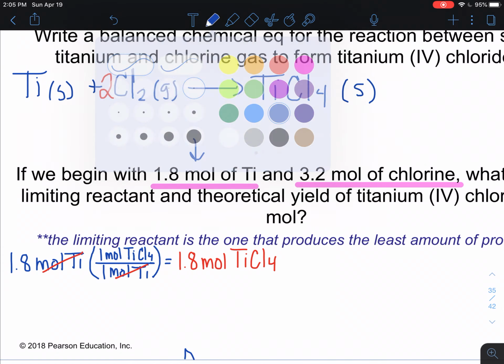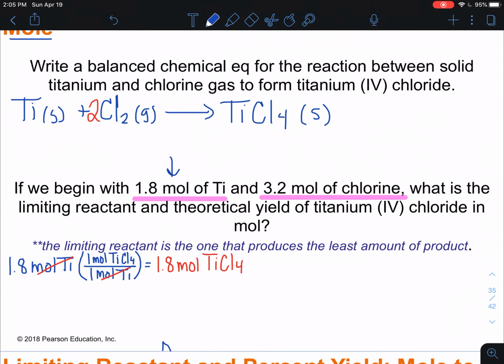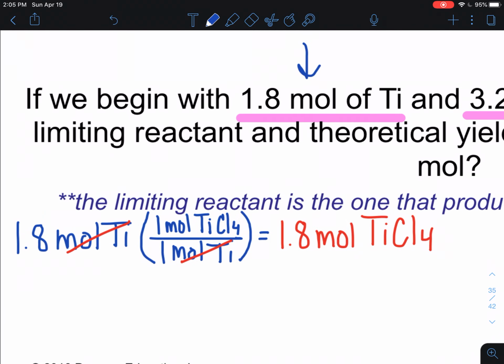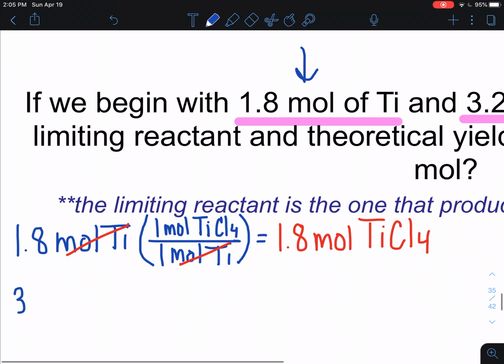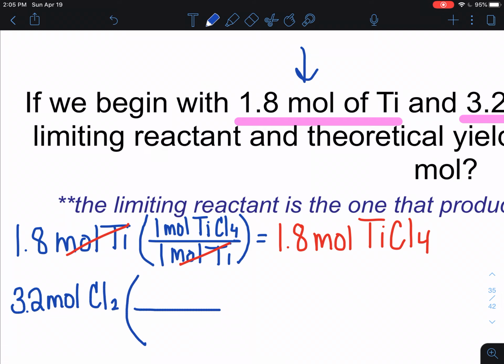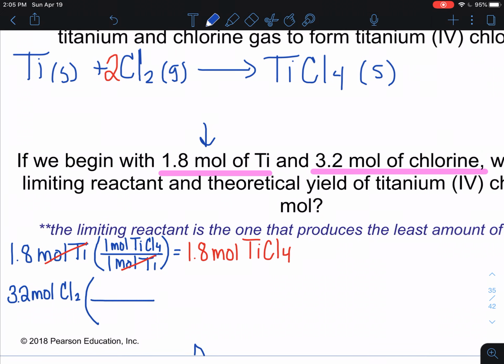Now we're going to do the other reactant, 3.2 moles of chlorine. So again, 3.2 moles of chlorine. I'm going to zoom in again. Convert it to moles of product, and according to our balanced chemical reaction, for every 2 moles of chlorine, we get out 1 mole of titanium chloride.